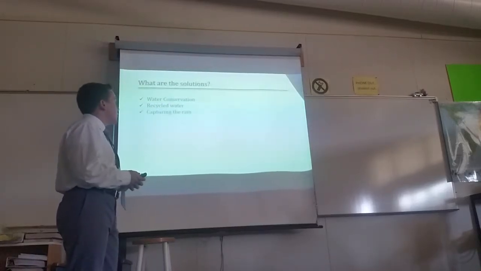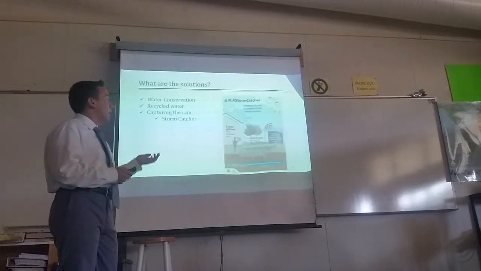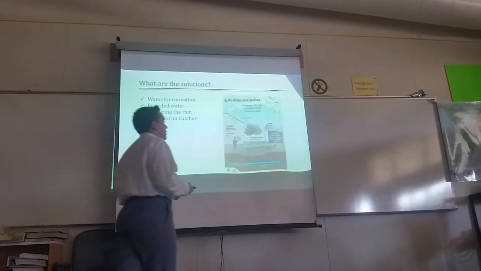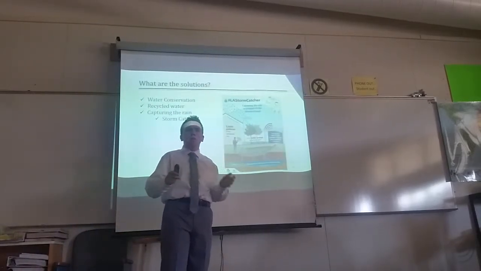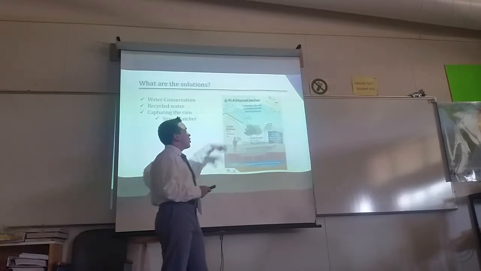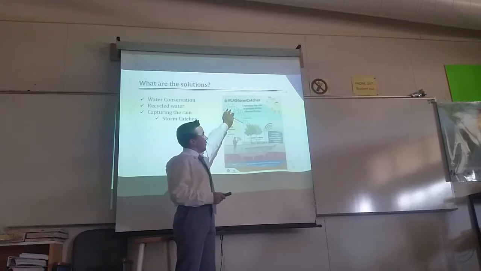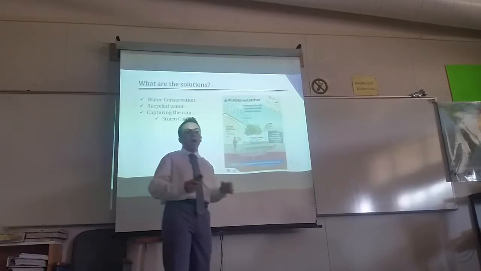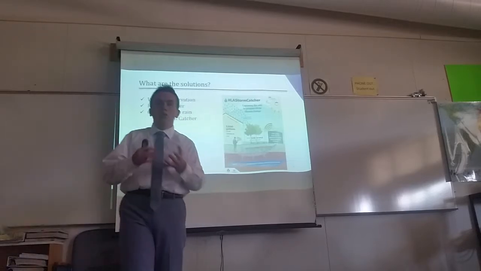Then we have capturing the rain. I've seen something in LA. It's LA storm capture. They do something here, but it's not the same stuff. But this one I found really interesting. So when it's raining, the rain goes into a cistern, and then this cistern keeps all the water.